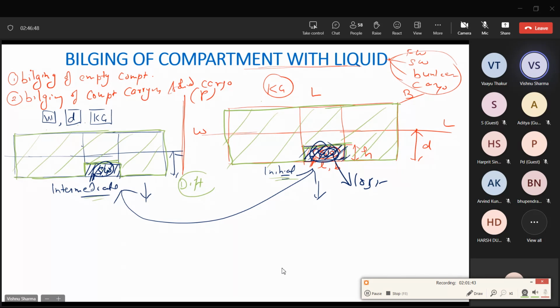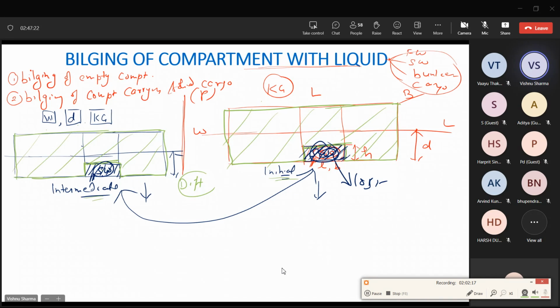Then their stabilities would be same. Yes or no? Yes, sir. Their stabilities would be same, after bilging. So that means what can I do? If my tank has a liquid, I first come to an imaginary, hypothetical, assumed condition wherein I assume to pump out that liquid, and I call that the intermediate condition.